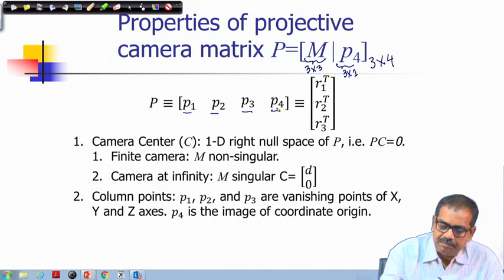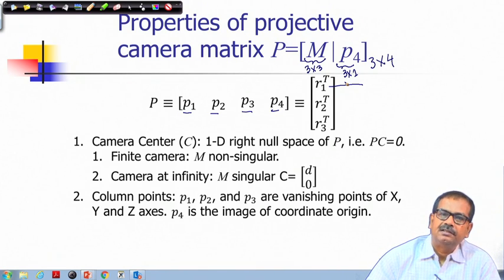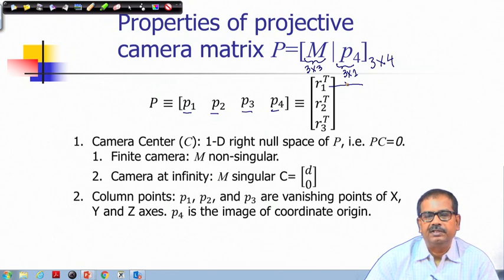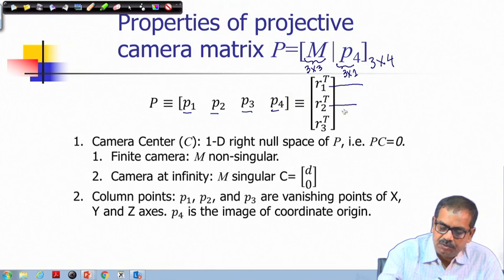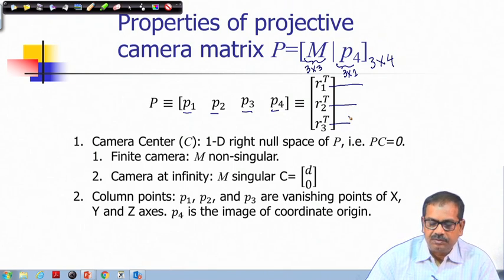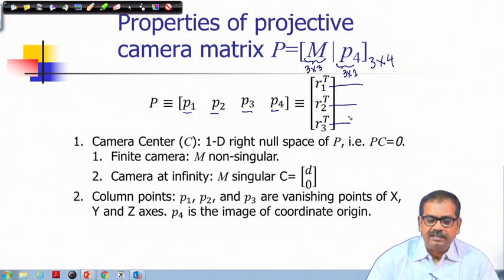Since in our convention we represent a vector in column form, we use the transpose operation to denote that it is a row, and so R1, R2 and R3 are the 3 rows in this representation. Let us see how, with these representations, we can express various relations with different parameters or information related to camera geometry. We will discuss those issues.